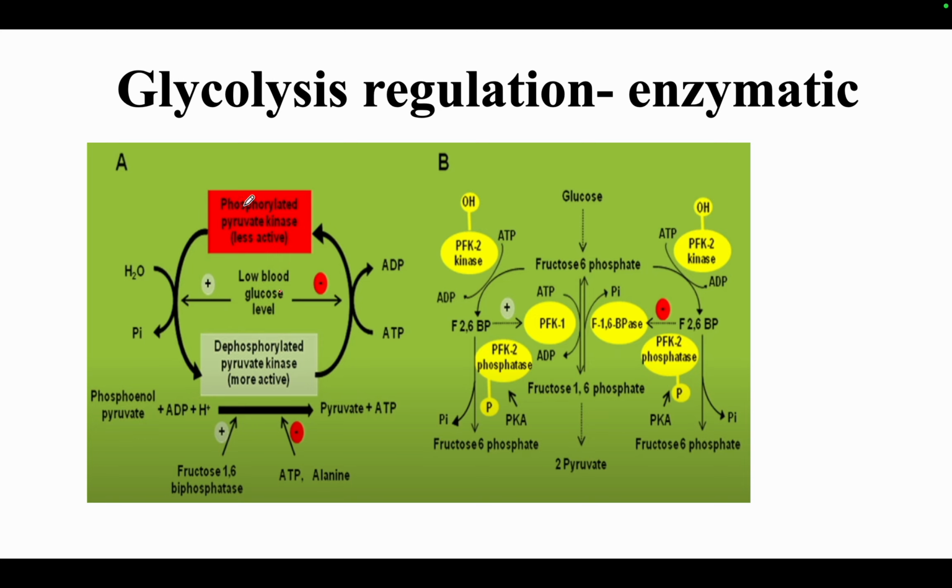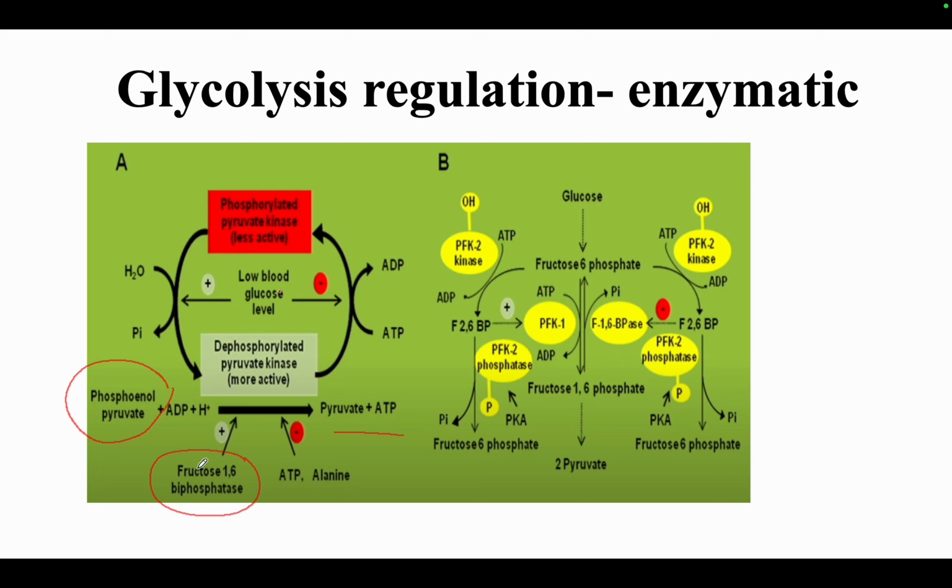So what will happen at that time? We have conversion. The pyruvate kinase enzyme converts phosphoenol pyruvate. This is the last step of glycolysis. It will convert phosphoenol pyruvate to pyruvate, and this reaction is positively regulated by fructose 1,6 bisphosphatase.